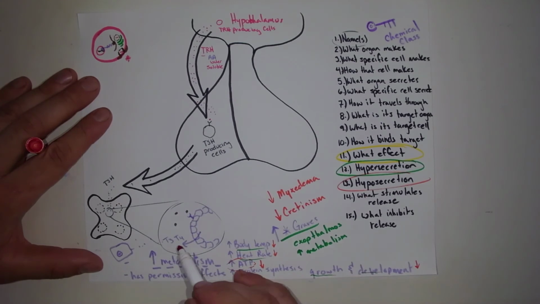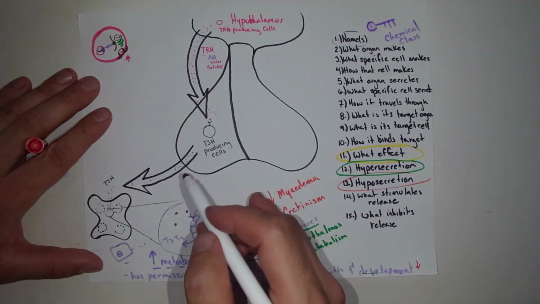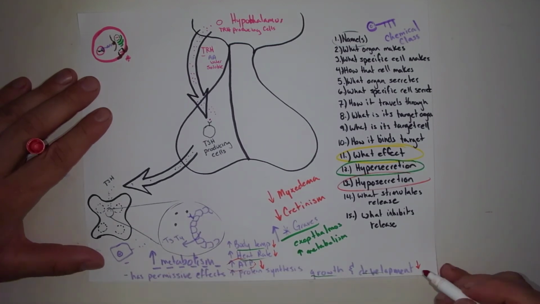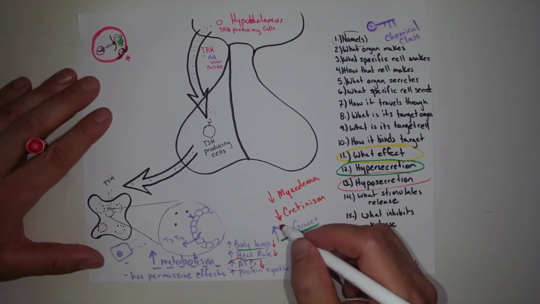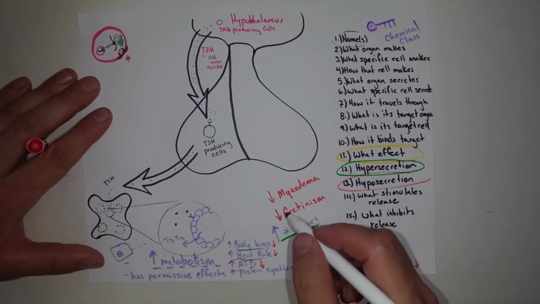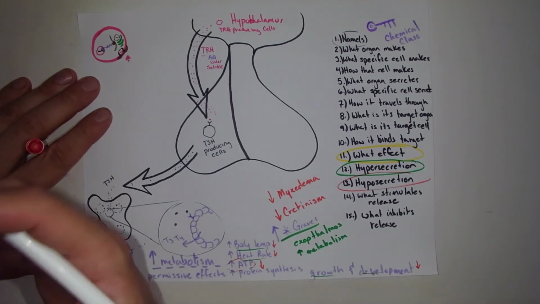And without it, you don't have this, which means you don't have this, which means your cells don't grow. So also you can get some mental retardation with cretinism. Not only growth retardation, but also maldevelopment of the brain. Things aren't developing quite normally.